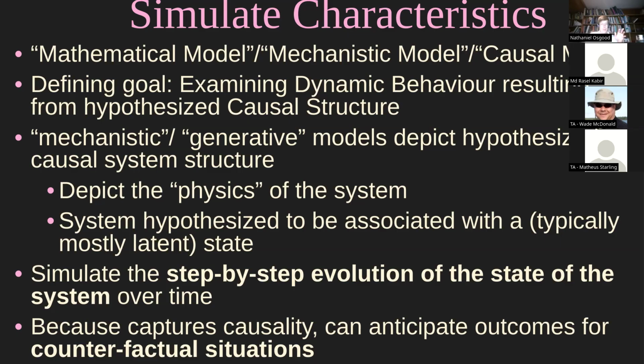These are imperfect terms, but they are common terms to refer to this whole class of models. And all of these share agent-based modeling, stock and flow simulation modeling, Petri net simulation modeling, discrete event simulation modeling. All these share an interest in examining dynamic behavior resulting from hypothesized causal structure.